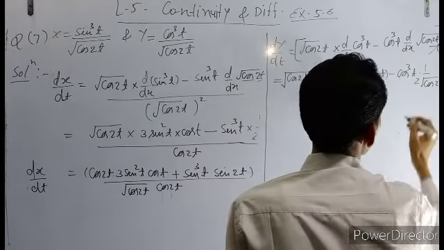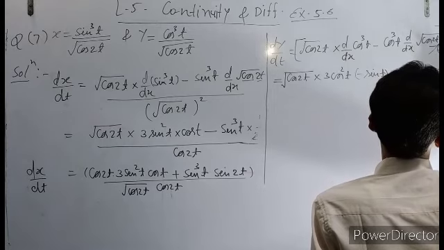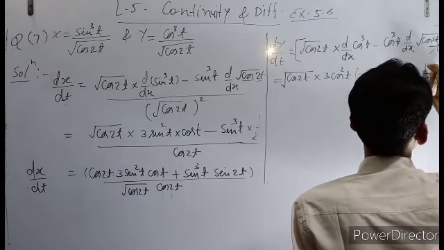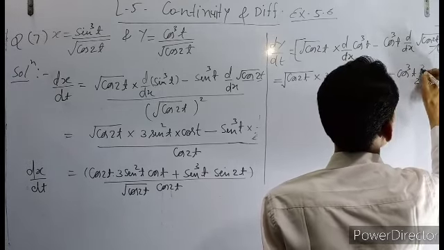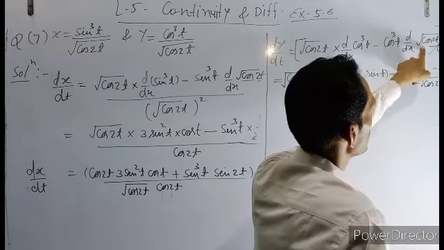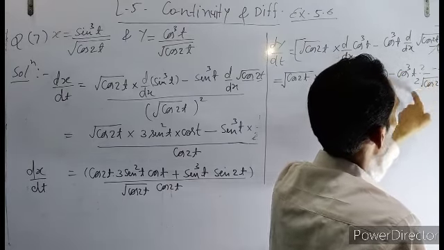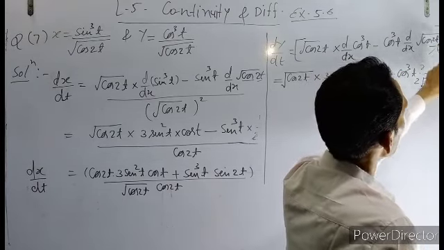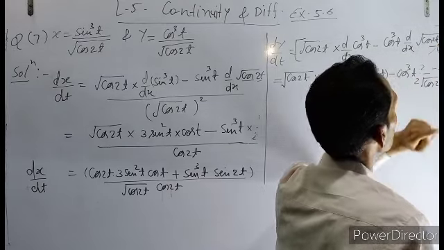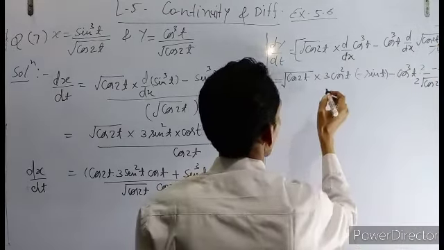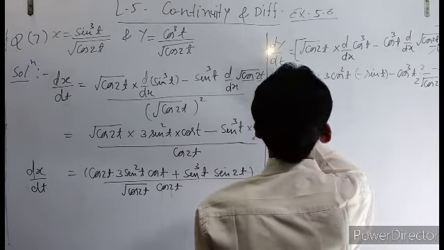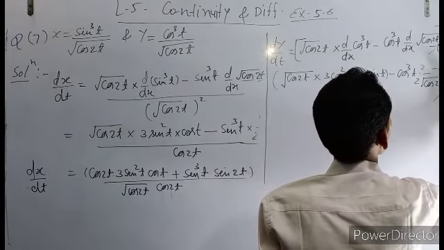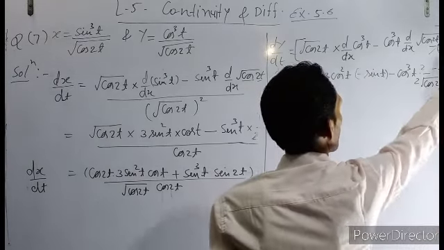That is 1 over 2 root cos 2t, into the differential of cos 2t, minus sin 2t, and the differential of 2t is 2, by using chain rule, upon cos 2t.